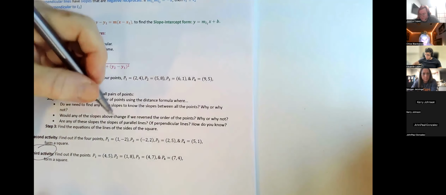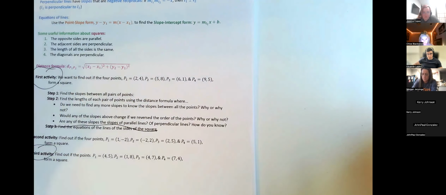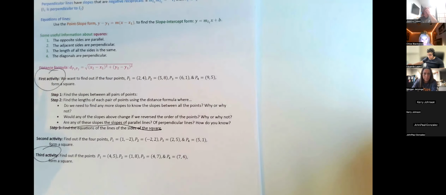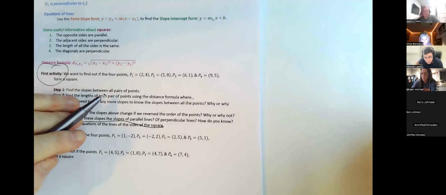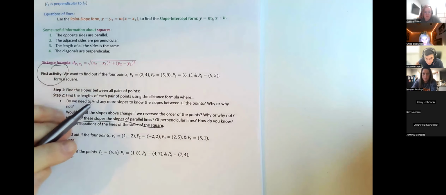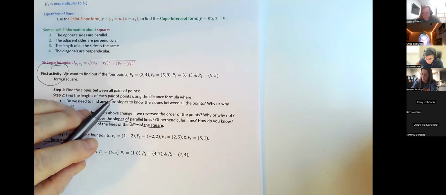And we're not doing this last step right now. Okay, great. So find the slopes between the sides that may form a square, and find the lengths of all the sides that may form a square.